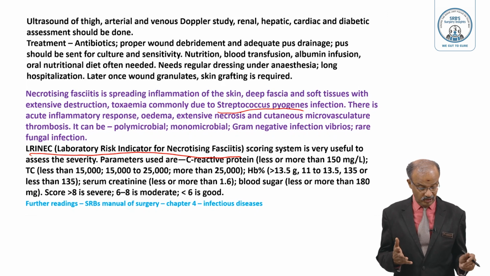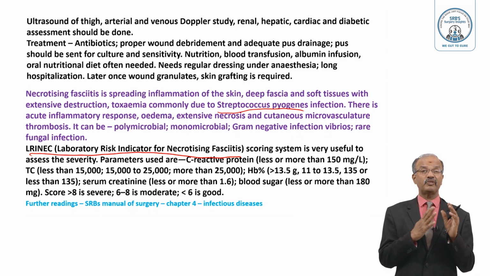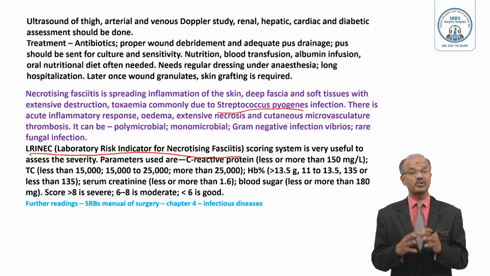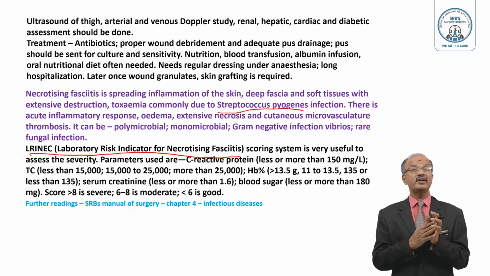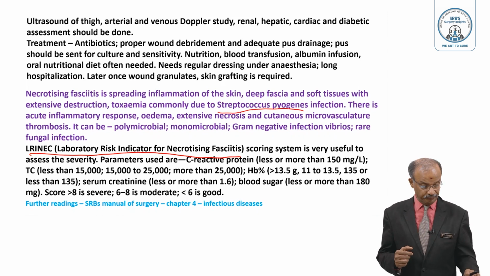Diabetic management is also equally important. Everything in detail about this chapter is there in my Manual of Surgery, infection chapter. So go through that for a better understanding of necrotizing fasciitis, abscess, carbuncle, all those similar conditions. You should know the proper difference between each, so that you have a clear idea and can face OSCE, short notes, viva, clinical cases, everything.